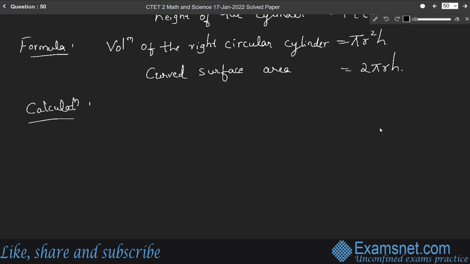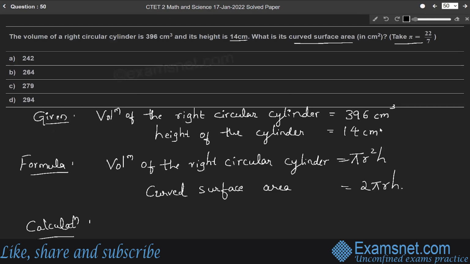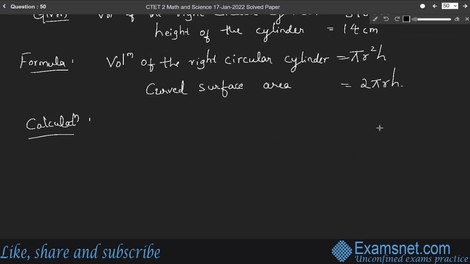According to the question, volume of the right circular cylinder, pi r square h, is 396 centimeter cube. Pi is 22 by 7, r square we have to find out, and height is given, which is 14 centimeter, equal to 396.